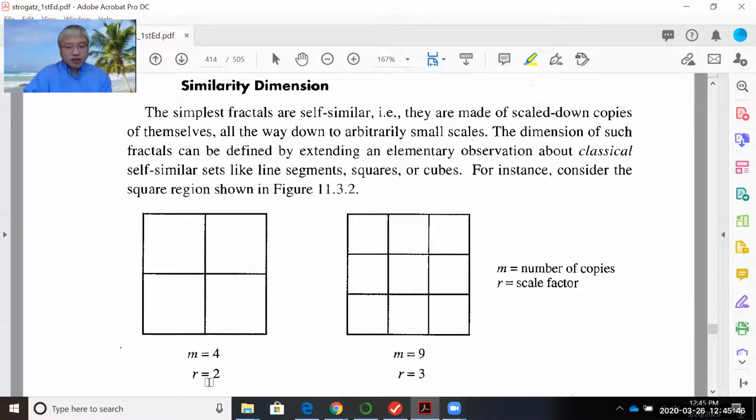But if we use a scale which is 1/3, then of course we divide this side length into 1/3, 1/3, 1/3 lengths. In the 1/3 units, the number of squares here is 9. So if you use half of the length as a measure, then I get 4.